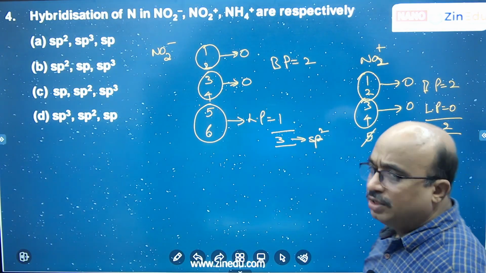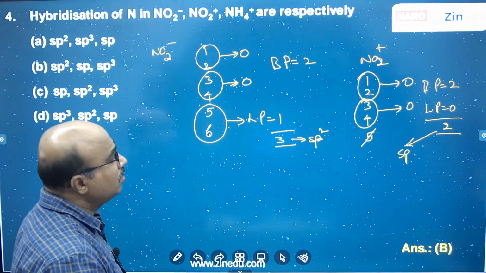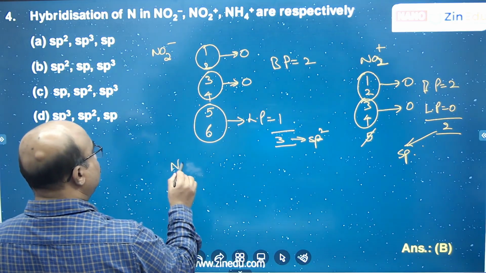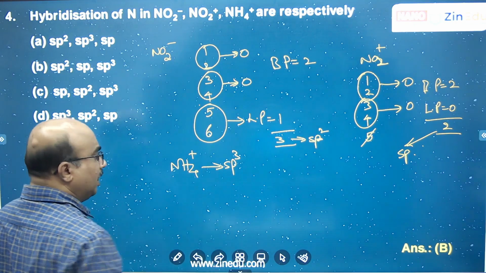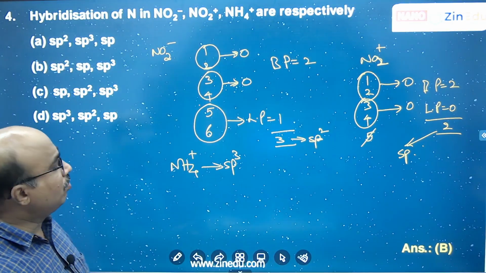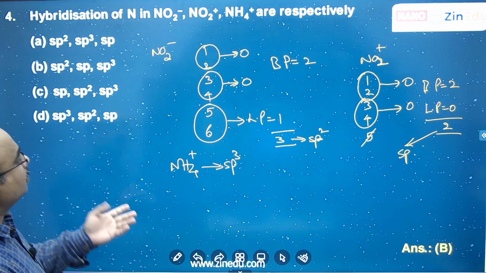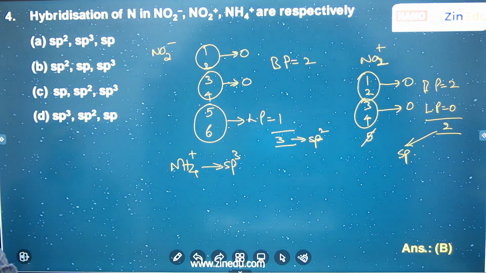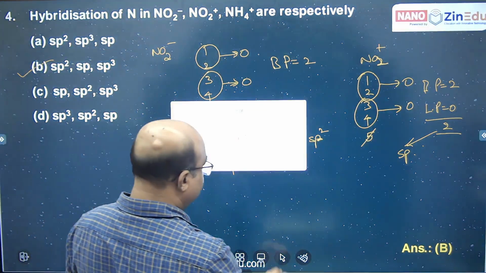We don't need the structures here, only hybridization. And NH4 plus is directly sp3. NH3 is sp3, and NH4 plus is formed by protonation, so it is also sp3. So sp2, sp, sp3. Done. Let us see next.